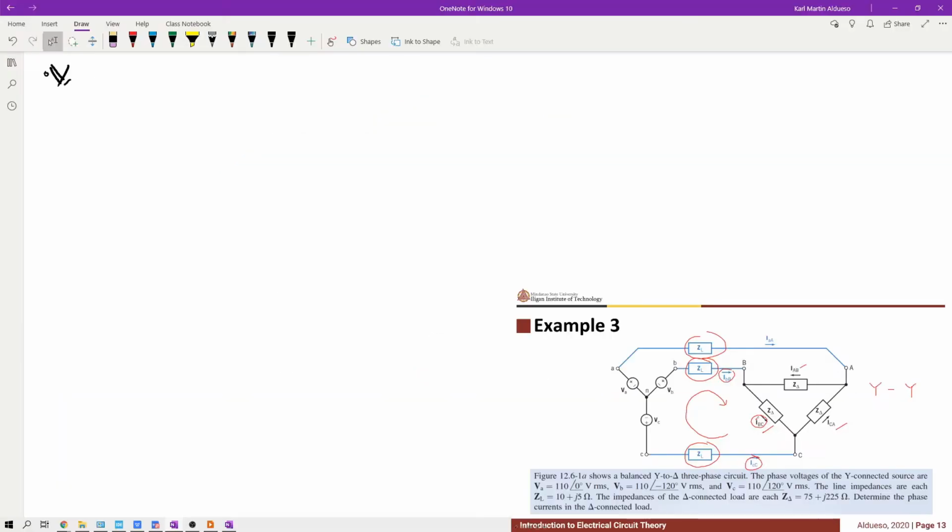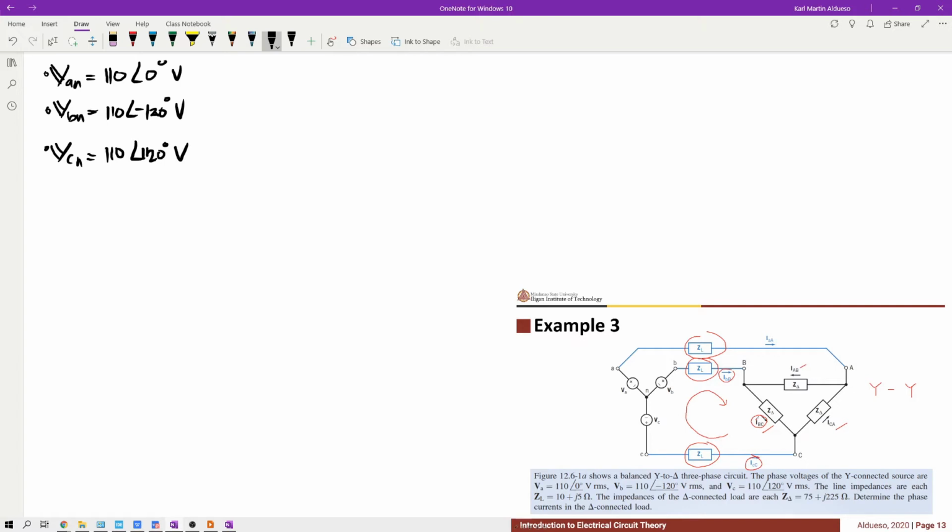We have VAN. Let's write our other given values right here. VBN is 110 angle negative 120, and VCN is 110 angle 120 degrees.